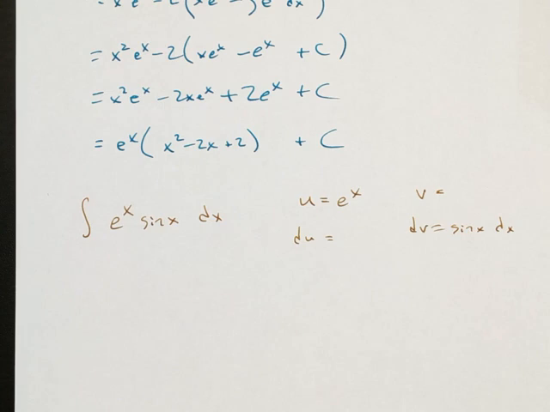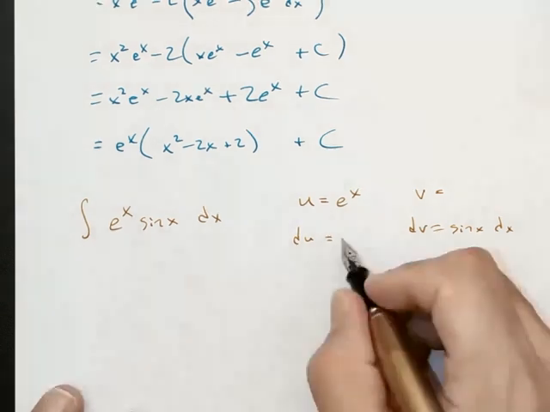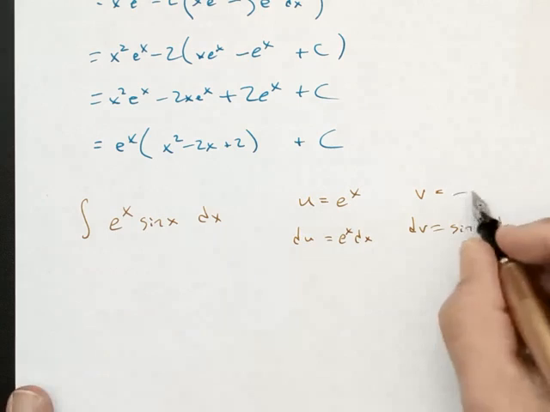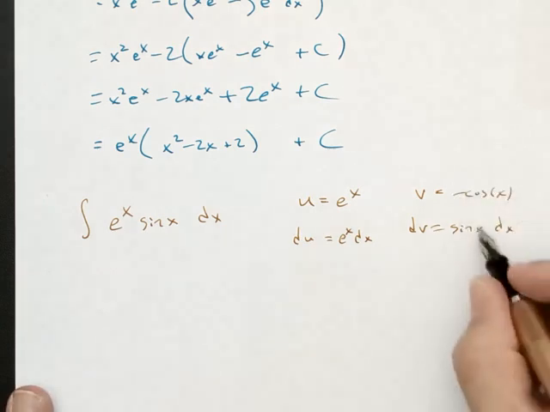What's du? e to the x again. Derivative of e to the x is e to the x. And the antiderivative of sine is? That's where the minus shows up. Minus cosine x.